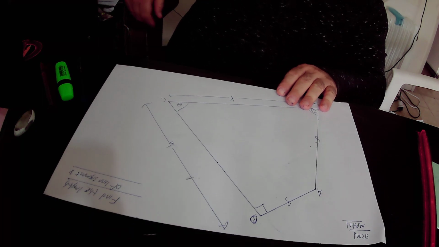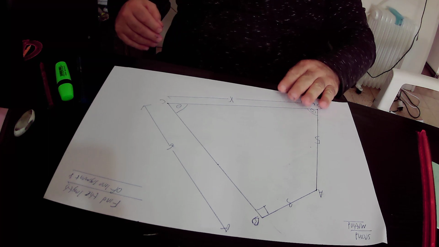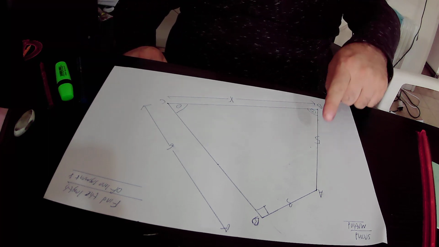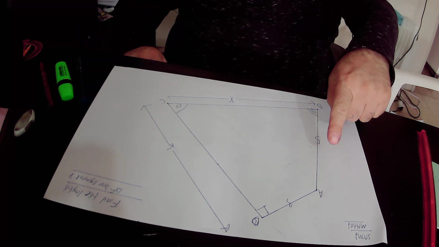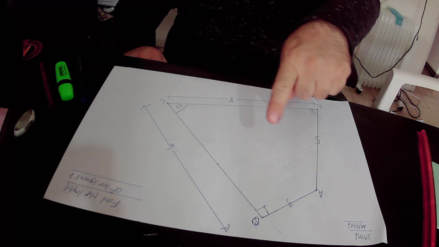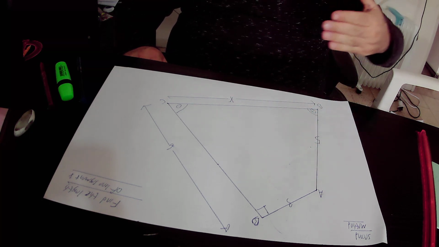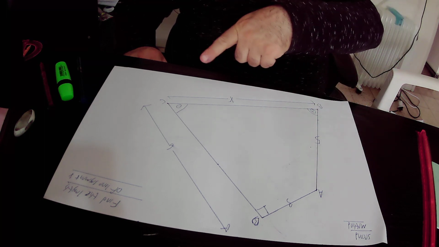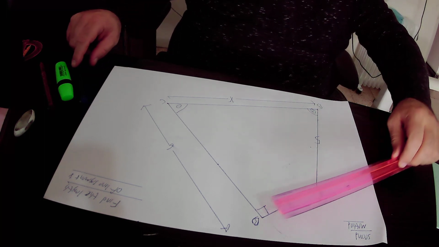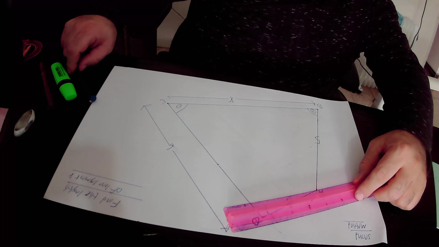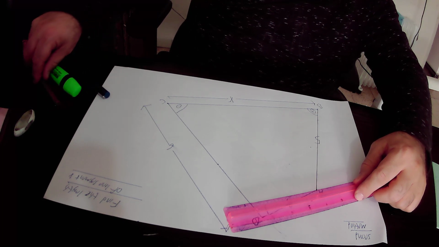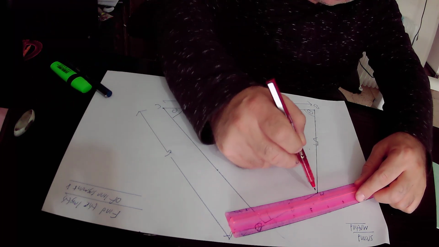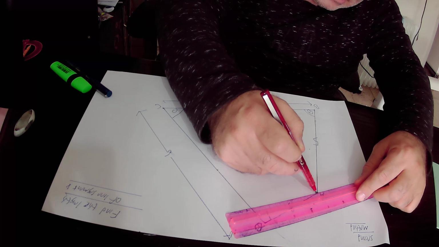In the second method, we will do another construction. From point A, we will draw a straight line to DC in such a way that the straight line will be parallel to BC.